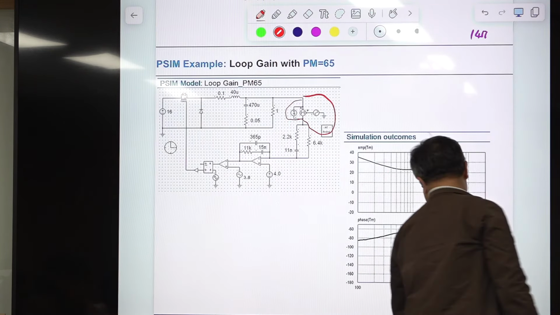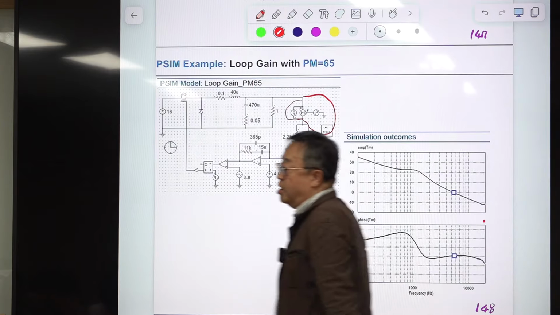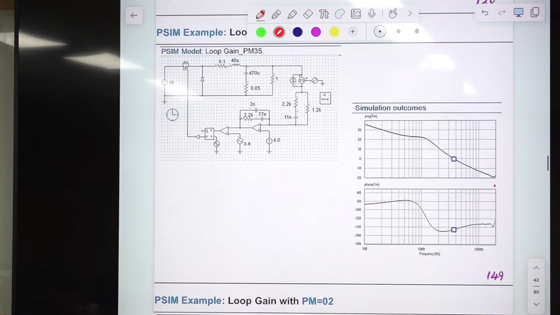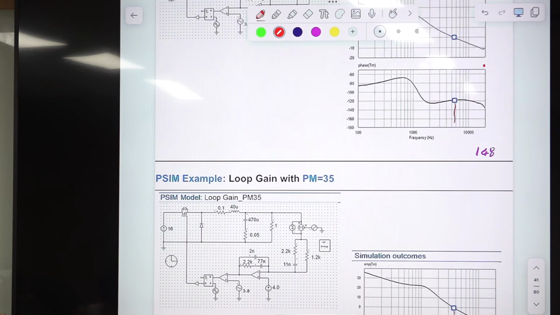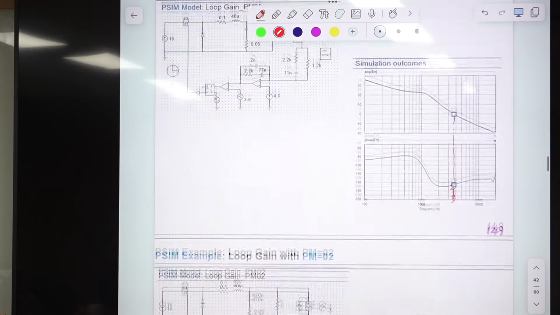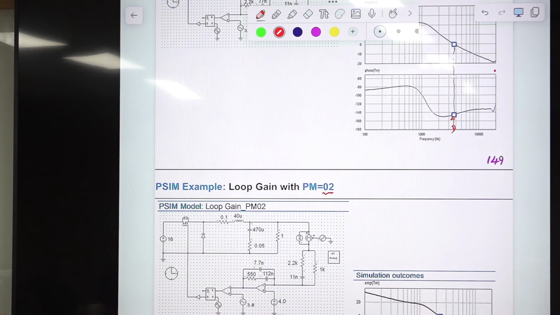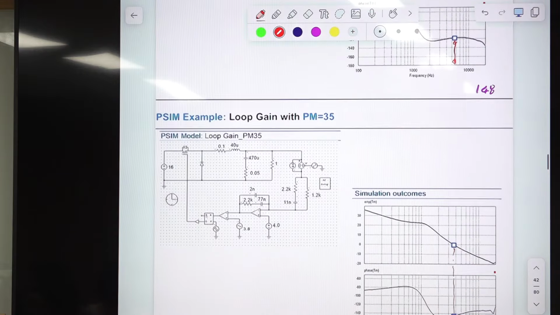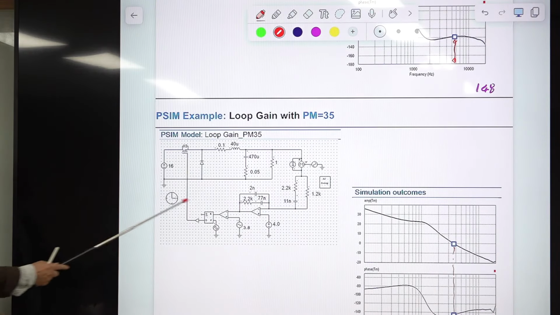I modified these six parameters, and with that the phase margin is decreased this much, and I further modified this, then the phase margin is running out. So this converter is almost unstable. Nothing is changing except the value of this.